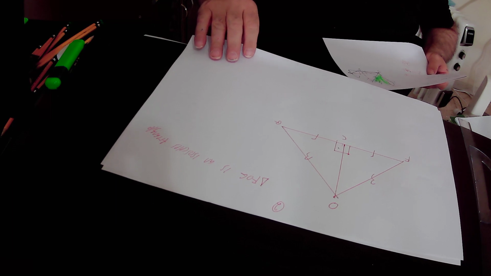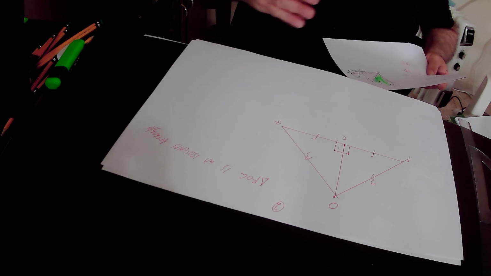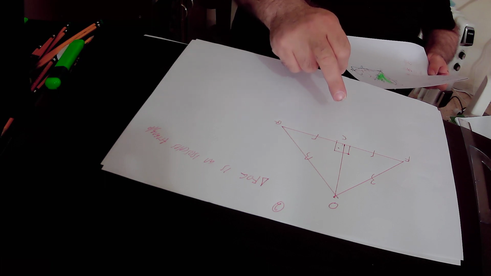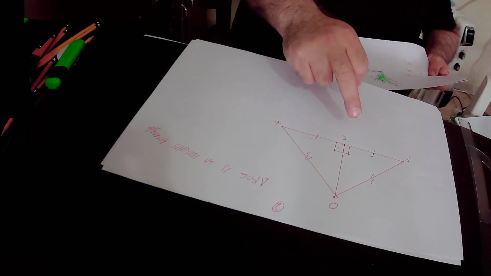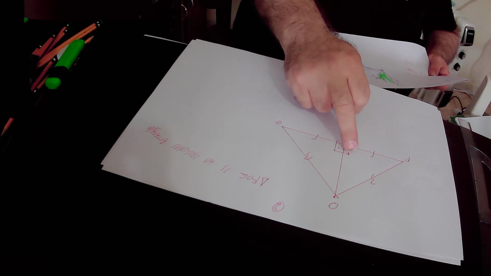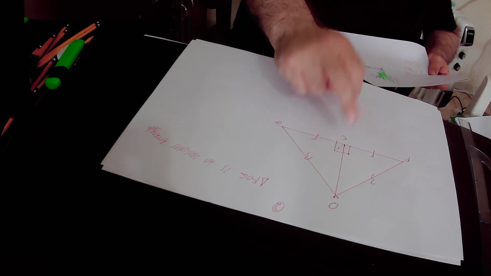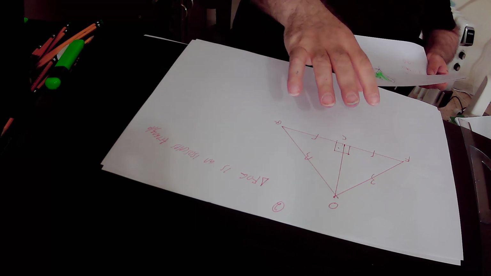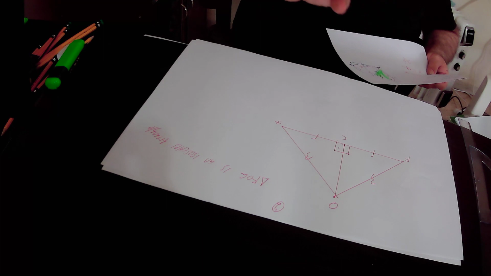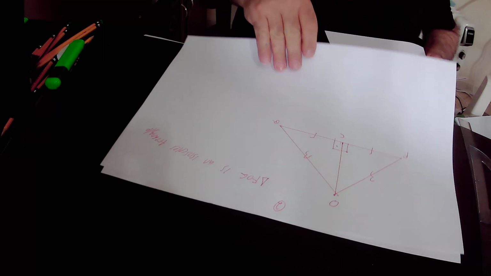We implemented rule number 1 in our drawing, so according to rule number 1, we can determine that this angle equals 90 degrees and this angle equals 90 degrees. So we created here 2 right triangles from the isosceles triangle, triangle FOG. Okay?